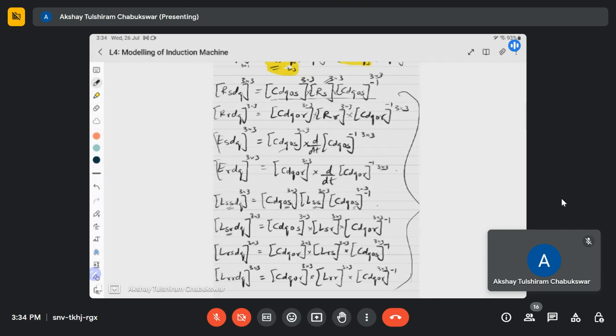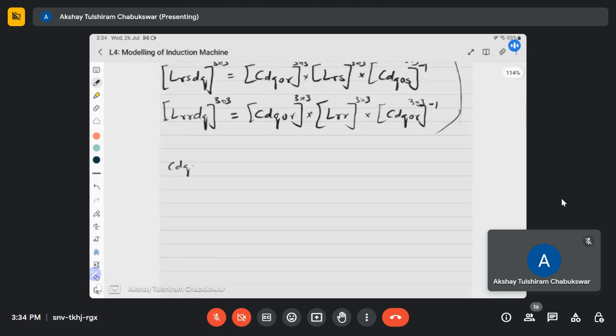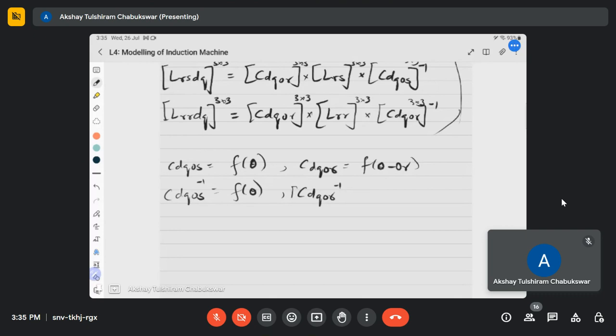These matrices: C_dq0s is a function of theta, and C_dq0s inverse is also a function of theta. C_dq0r is a function of theta minus theta r, and C_dq0r inverse is also a function of theta minus theta r.